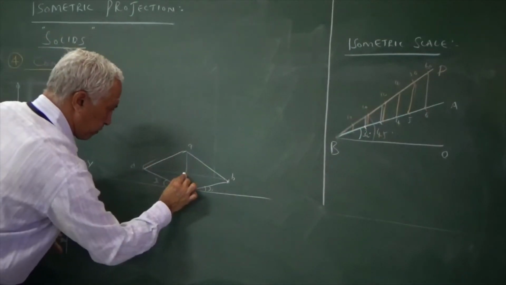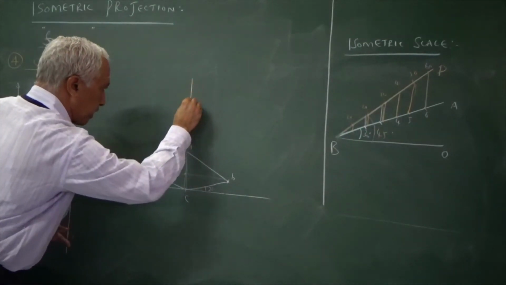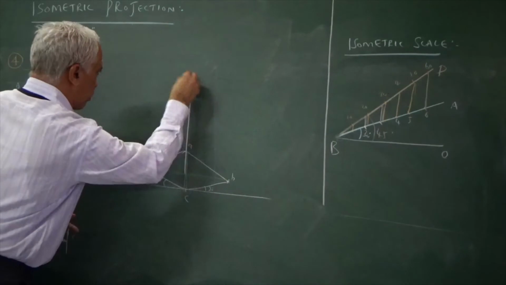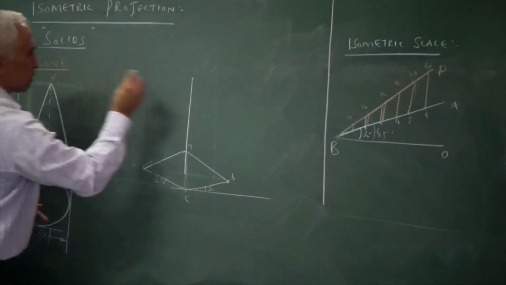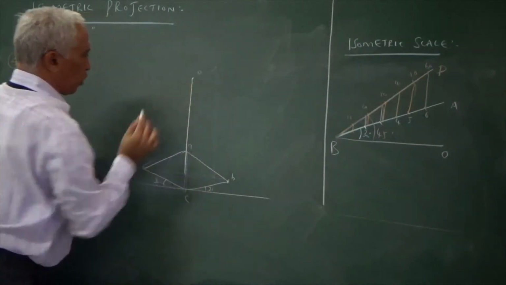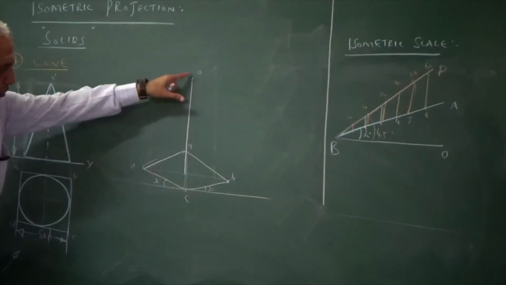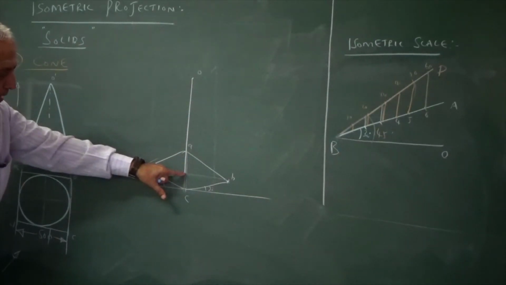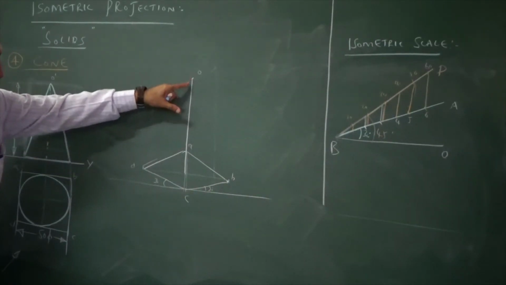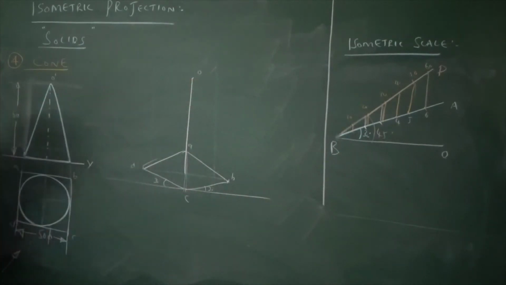From the center of the base, draw a vertical line. And if I call this point as a point O dash, so O is the height which is drawn, center of the base to point O, distance is ISO 60. So adopt 4 center method to get the ellipse.